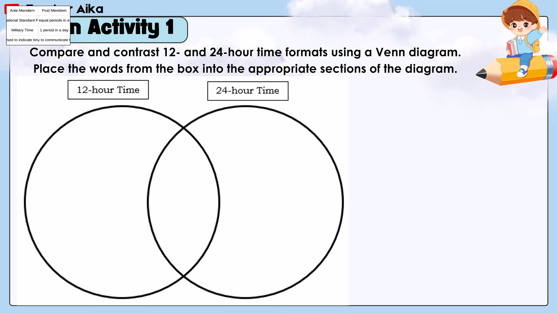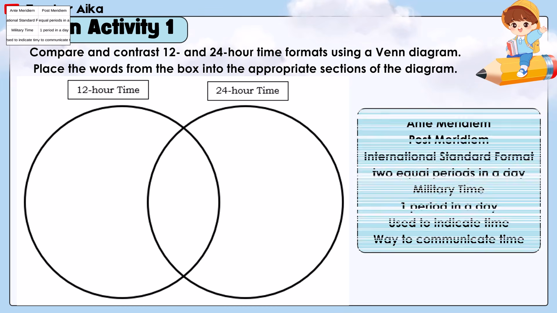Lesson activity number 1. Compare and contrast 12 and 24-hour time formats using a Venn diagram. Place the words from the box into the appropriate sections of the diagram.